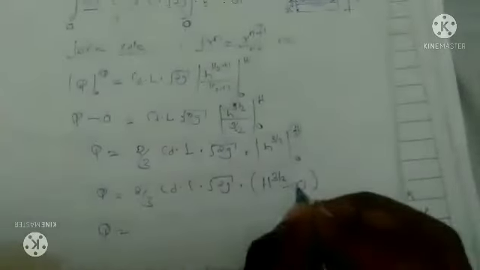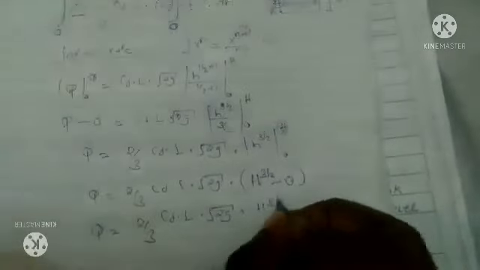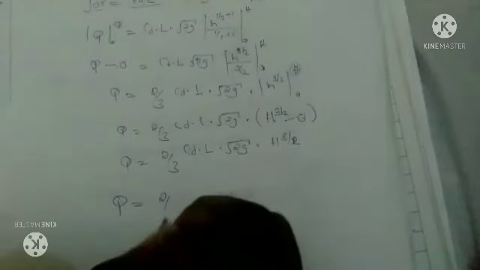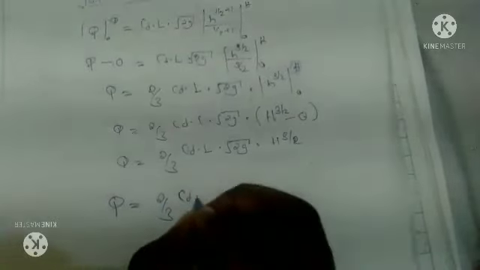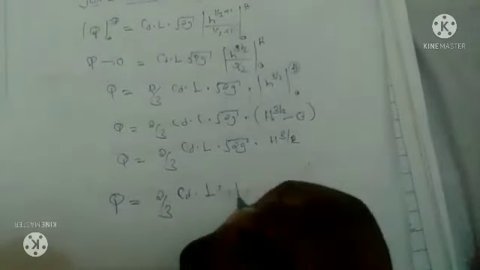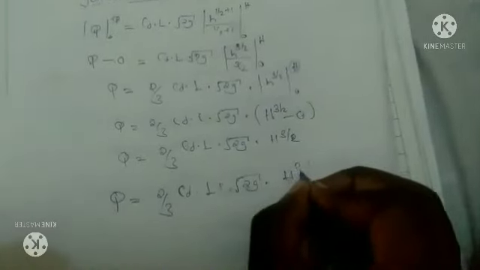So now Q is this minus this one, and you get 2 over 3 Cd times L times the square root of 2g times H power 3 over 2. So the discharge of a rectangular notch is 2 over 3 times the coefficient of discharge times the length of that notch times the square root of 2g times the head of water to the power 3 over 2.